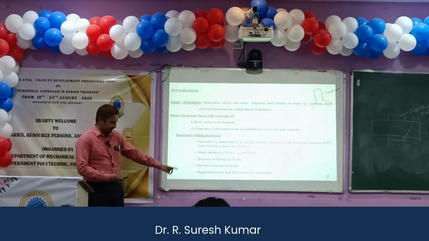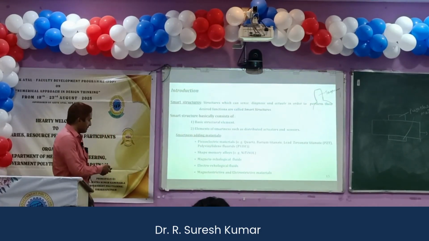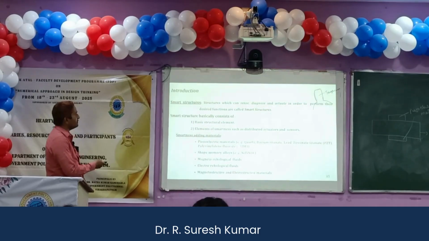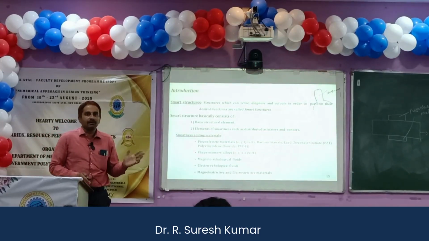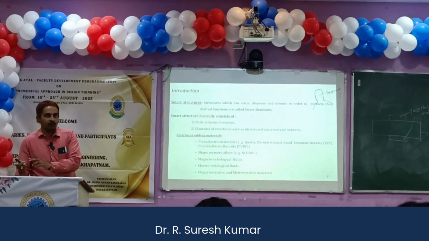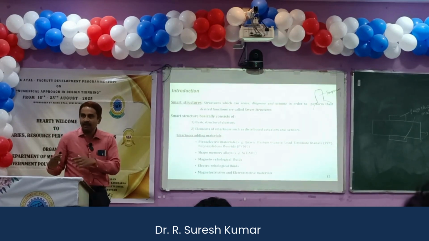In this, the first one is piezoelectric material, which I have already explained. If you give mechanical input, you will get electrical output. If you give electrical input, you will get mechanical output.